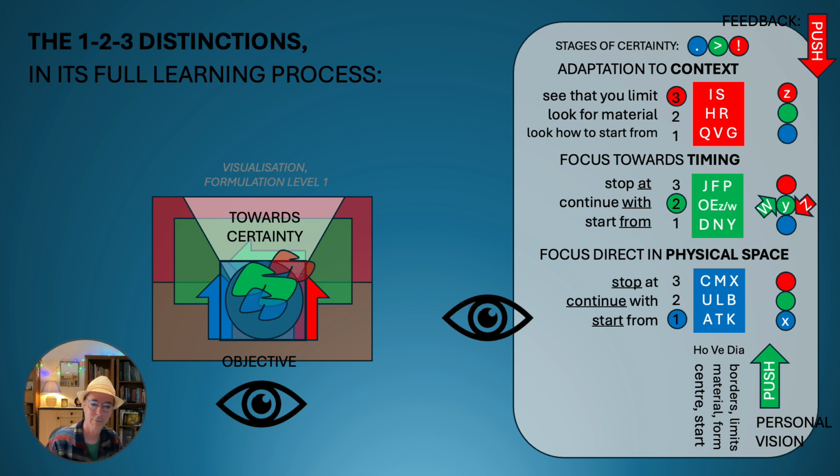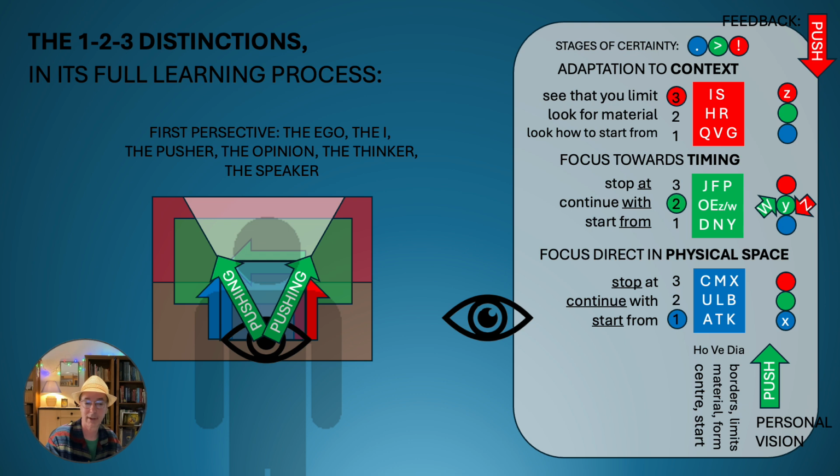That's where we formulate our own visions and opinions on that first level of visualization, what there is. It's the first level also of 1, 2, 3 distinctions. And what do we do? We push our own opinion forward, our personal vision, our understandings, we push it forward as if that's what creates the world.